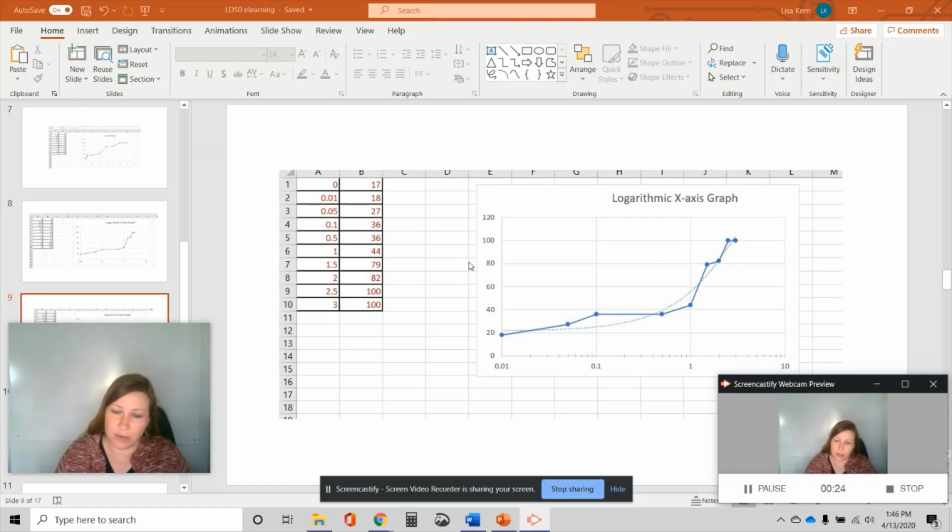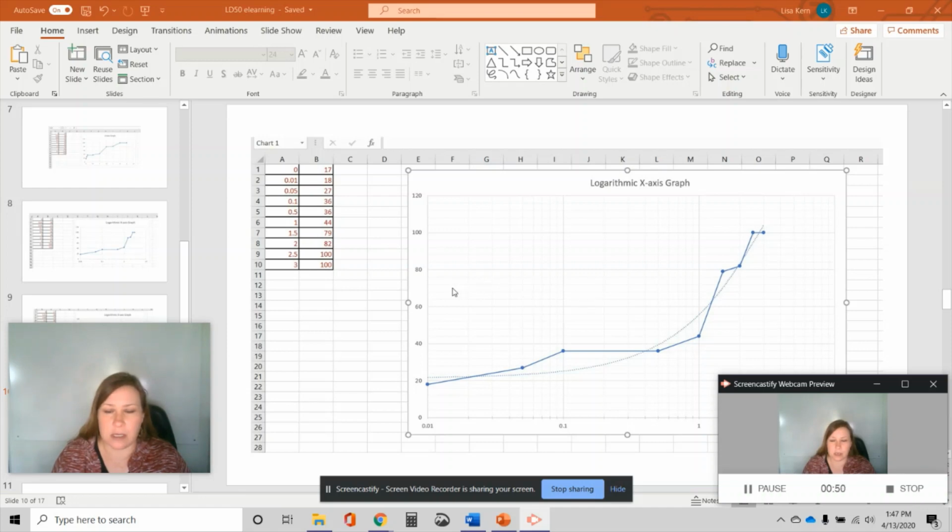It's not going to go above 100%, of course, because you can't have more than 100% of your seeds not germinate. So we've got our trend line, and that's probably the best thing that you'd want to use to answer the question, what is the LD50 of salt for this particular type of seed?